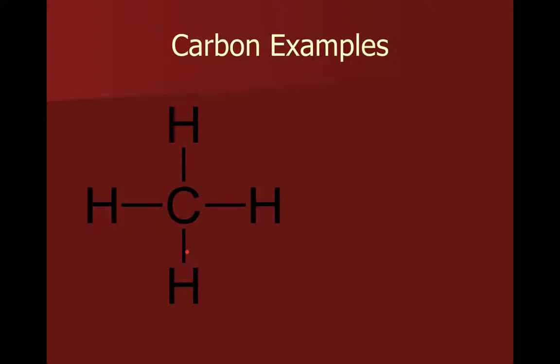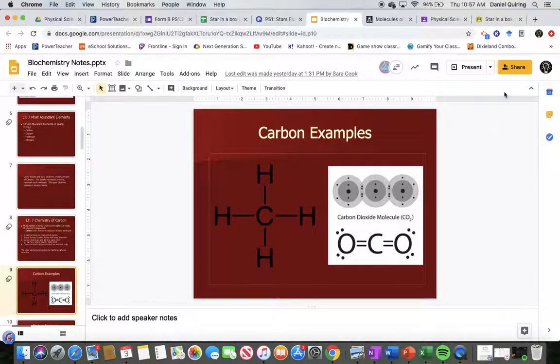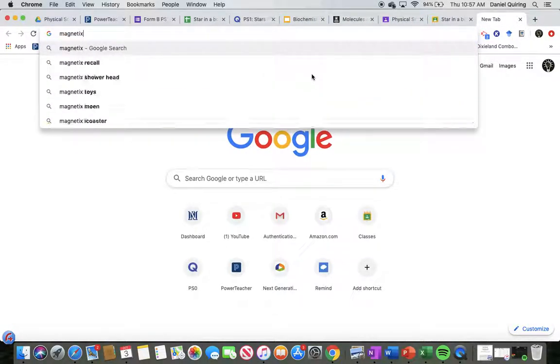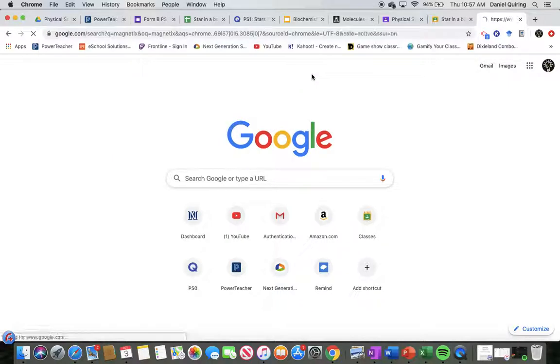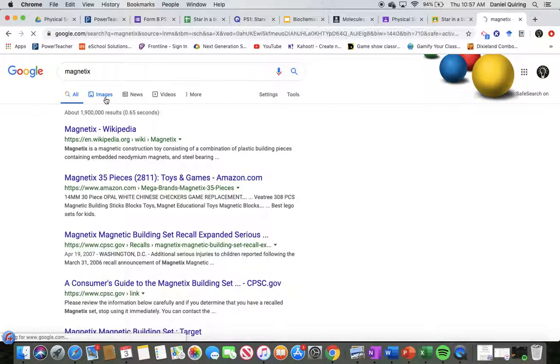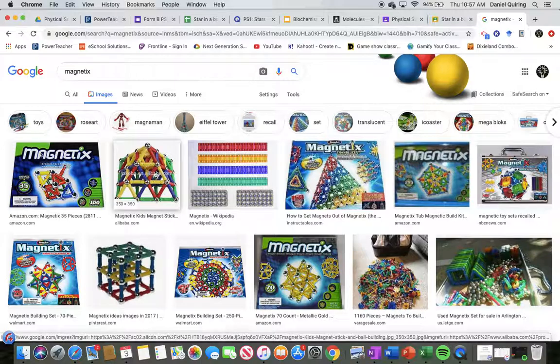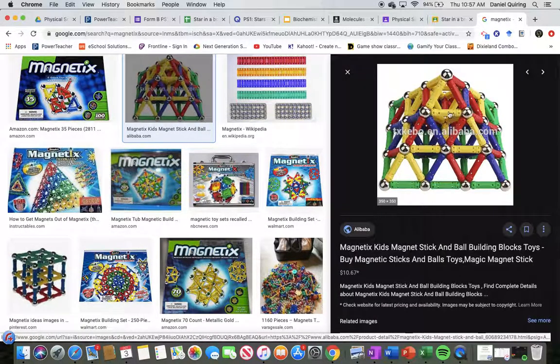This makes carbon kind of a good corner piece. Let me give you an example of what I mean by corner piece. If you've ever played with magnetics, what makes magnetics interesting is that you have all of these bars, but they are joined by these metal balls.